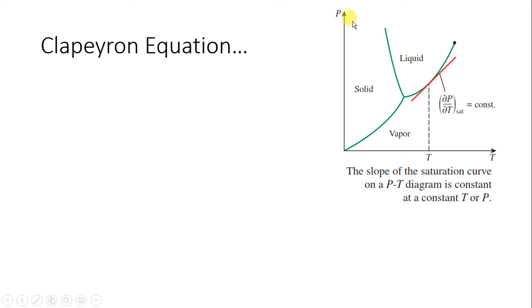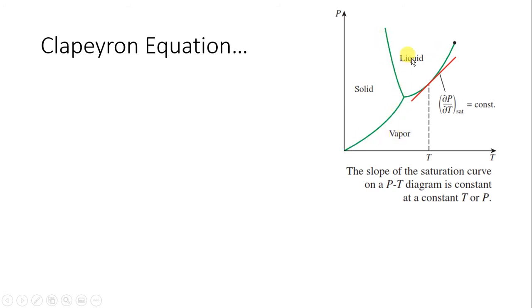You can see over here the PT diagram, the pressure versus temperature diagram. What this diagram is exactly, we will see in detail in the next module. For now, just see this diagram and understand what I am trying to explain. This is the solid region. This is one curve, second curve, and third curve.